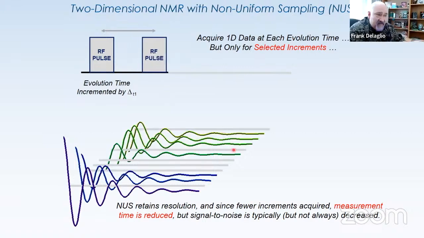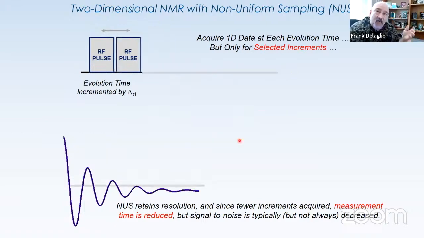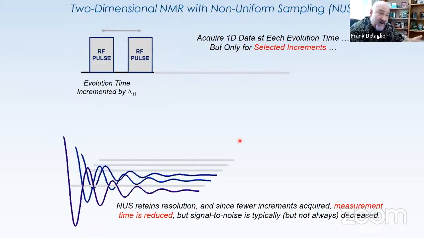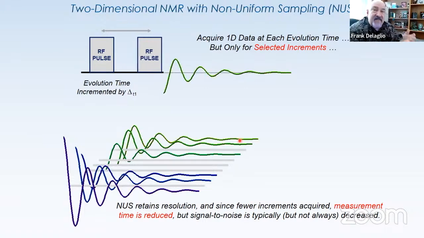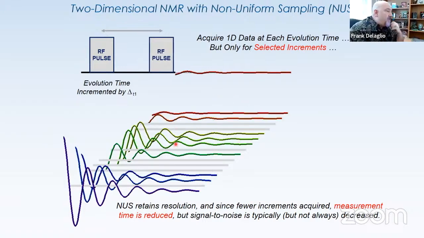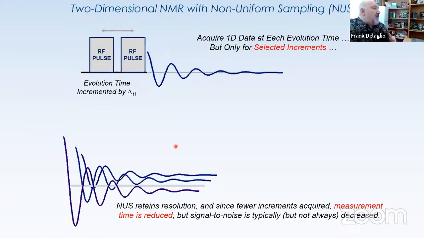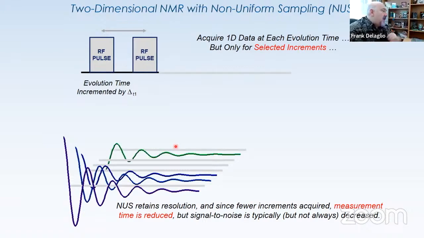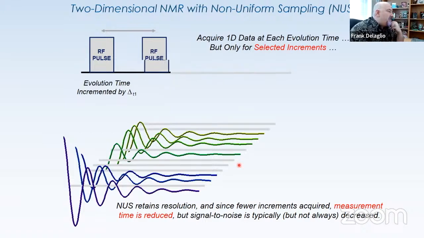And in the case of metabolomics, which, as you've seen already, we often want to measure in a time series as quickly as possible to get time-resolved data, the amount of time it takes to make a measurement is critical. So this non-uniform sampling method is often of great importance when we want to measure two-dimensional spectra on metabolomic samples. And the way in which this method works is rather simple.